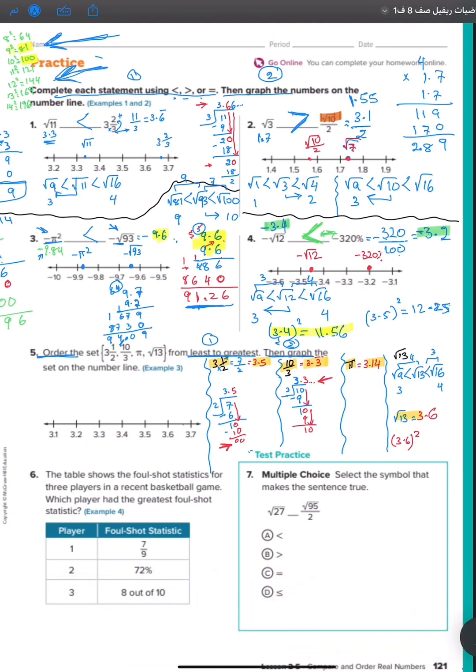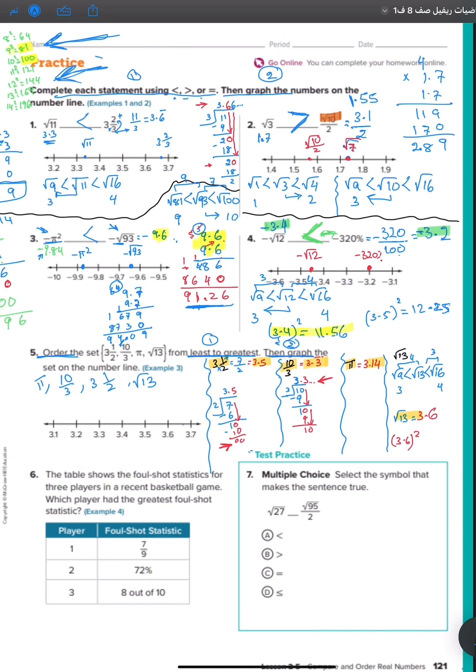Which one is smaller? It is pi. So I will write pi, then 10 over 3, then 3 and a half, and the last one is square root of 13.